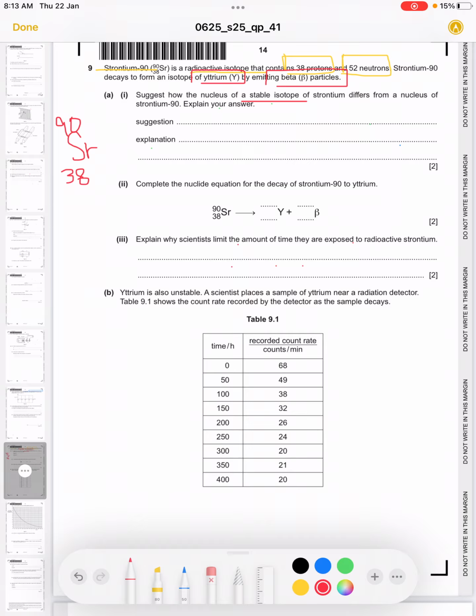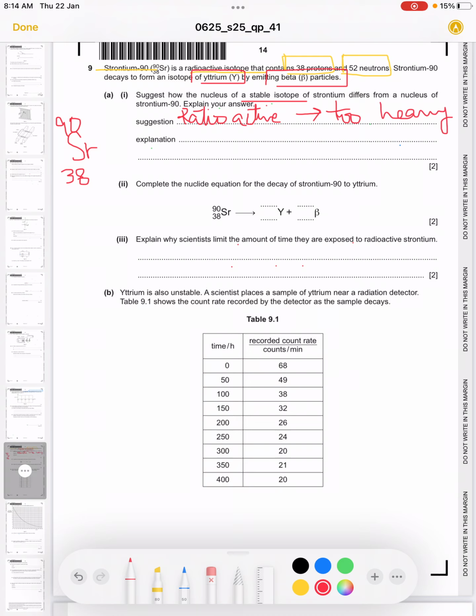So it's a hint that radioactive isotopes are very heavy. So the suggestion is radioactive nuclei are very heavy, too heavy.